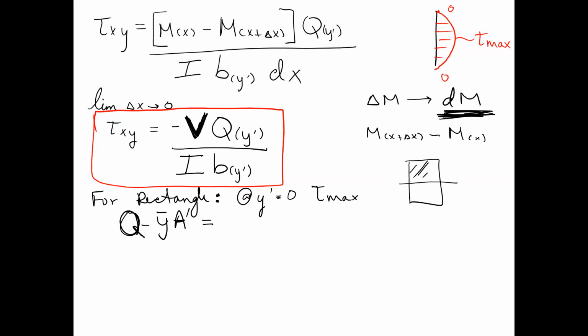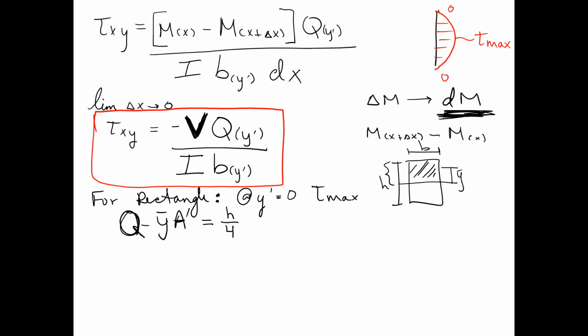Looking at this shape, what is y bar? Let me give you b and h. So this is b, this is h. What is y bar? Half of h would be this distance, so y bar is h over 4.